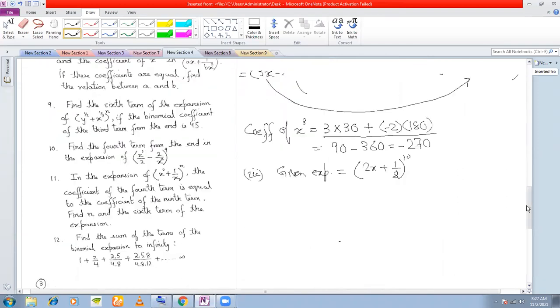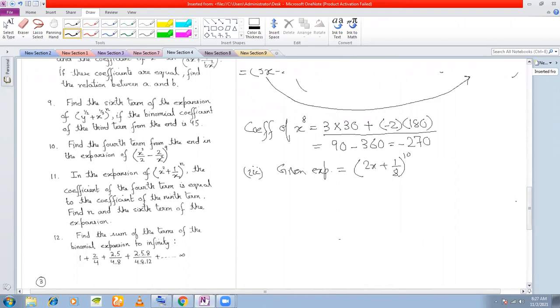Okay, so let's find the third and the fourth terms. What should be the third and fourth terms of this expansion? So clearly here, how much is n? n is 10. So therefore third term T3 is equal to T2 plus 1, which is equal to 10C2 (2x) to the power of 10 minus 2 into (1 by x) to the power of 2.